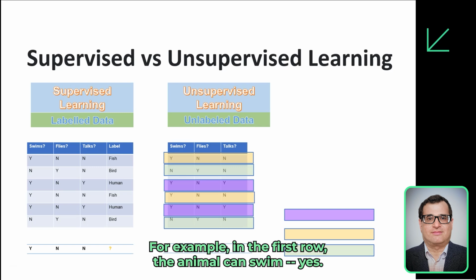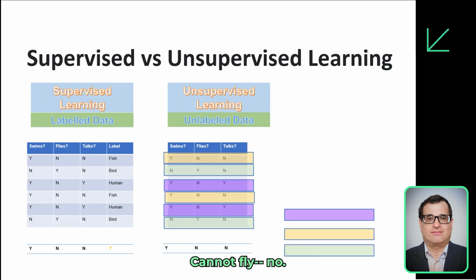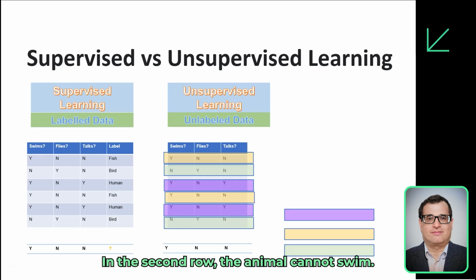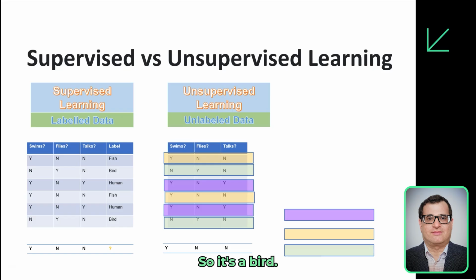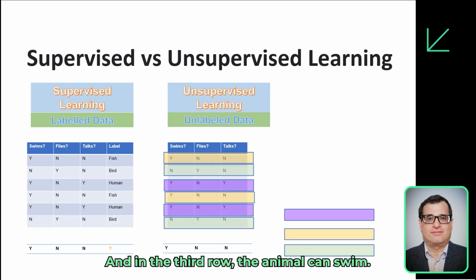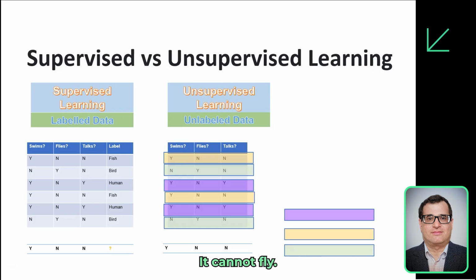For example, in the first row, the animal can swim, yes, cannot fly, no, and cannot talk, and say it's a fish. In the second row, the animal cannot swim, it can fly, and it cannot talk, so it's a bird. And in the third row, the animal can swim, it cannot fly, it can talk.